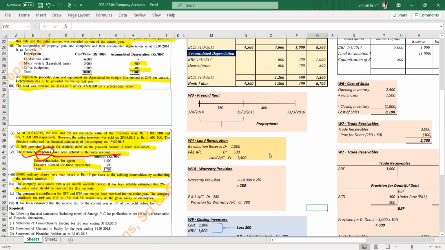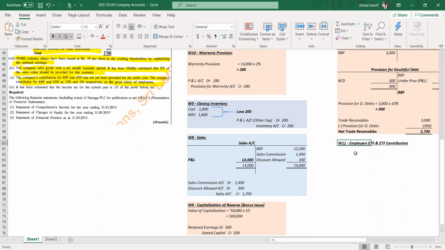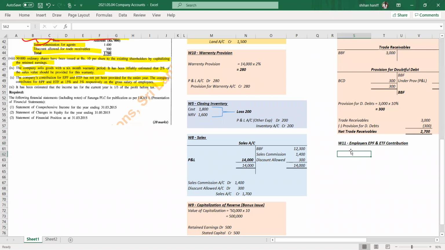So I'll give the double entry for that. Working number 11, employer's EPF and ETF contribution.